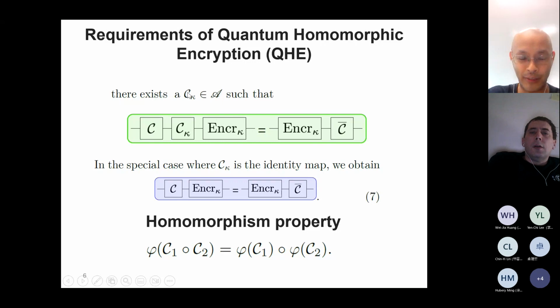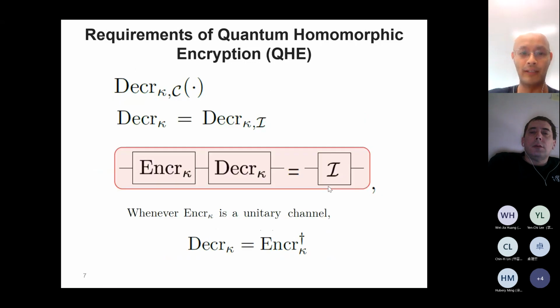The requirement that we would like to have is that this C_K is also an element of the allowed set of computations, so that things are nice. But in the special case in which C_K is the identity map, then basically you have this very pleasing identity over here.